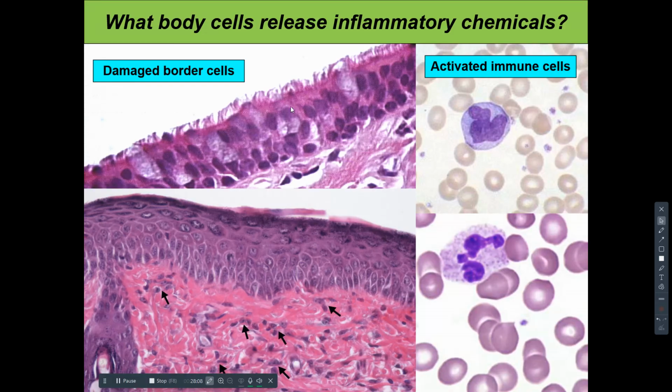Like we got some respiratory tract cells right here. If these cells are damaged, they're going to release inflammatory chemicals. Skin cells down here, if they're damaged, they're going to release inflammatory chemicals. But not only do damaged border cells release inflammatory chemicals, but activated immune cells do as well.